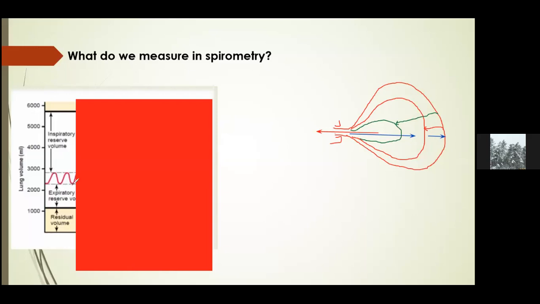And then at this point, I tell you now, breathe in as much as you can. So you'll breathe in what you are normally breathing, and on top of that, you'll breathe in as much air as your lungs can hold. It will reach a peak. And then if I tell you to breathe out and go back to your normal breathing, it means at this level, this is the maximum air you can inhale.